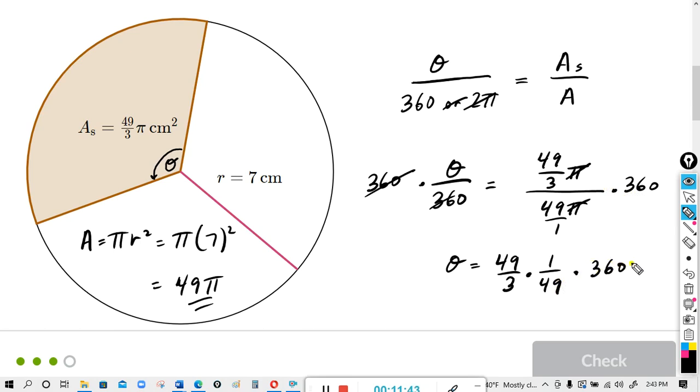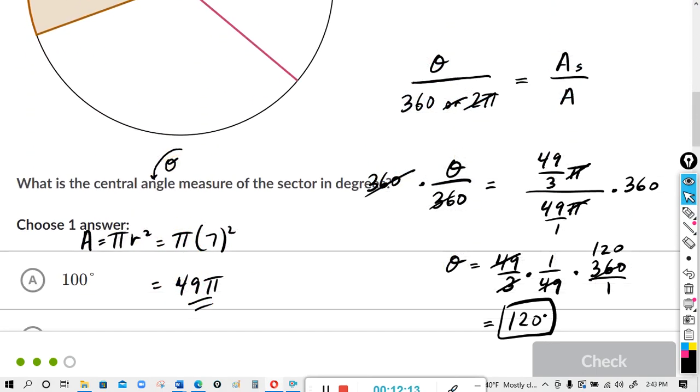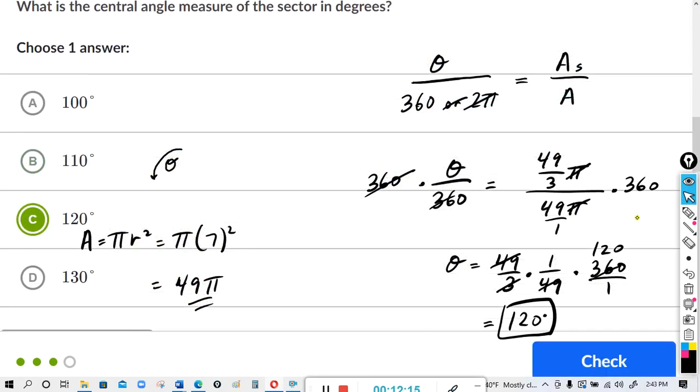Now it looks much better. 49/49 just cancels. 360 divided by 3 is 120, and that's in degrees. Remember, when the number's out front, it's the same thing as if it's in the numerator. You can put it over 1 if you want to. So 120 should be one of the answers. Answer C.